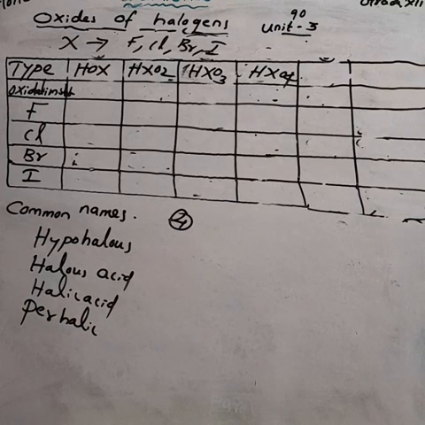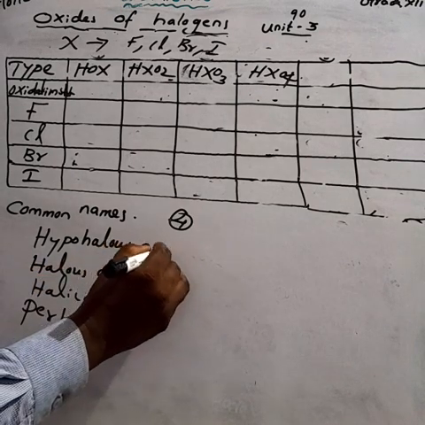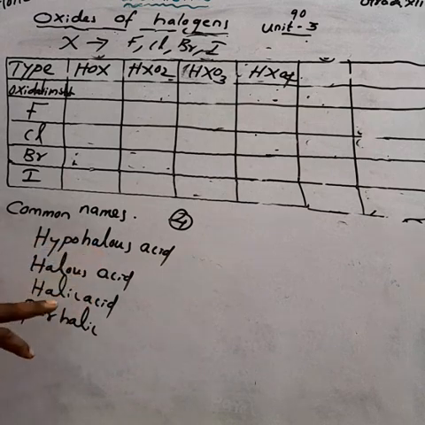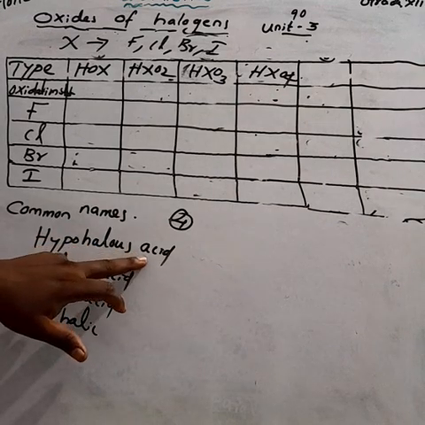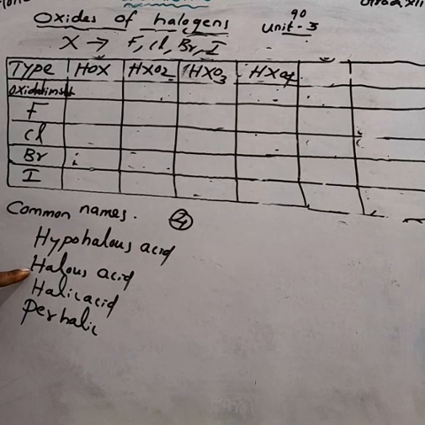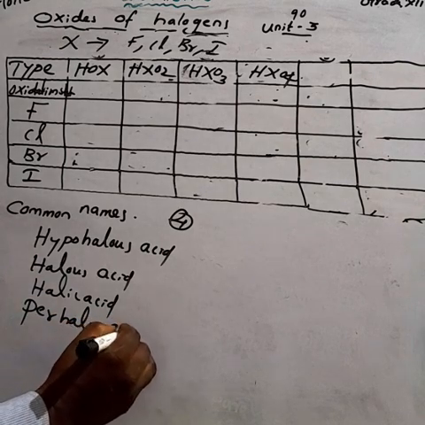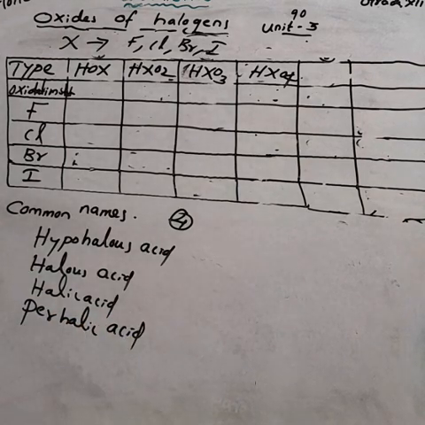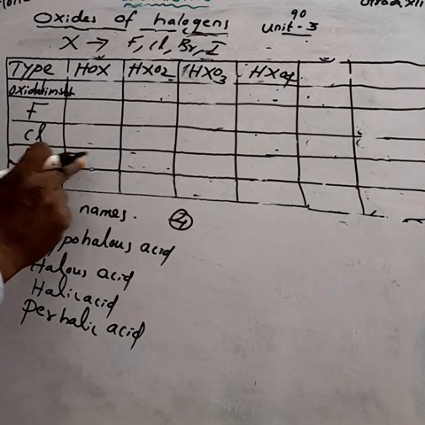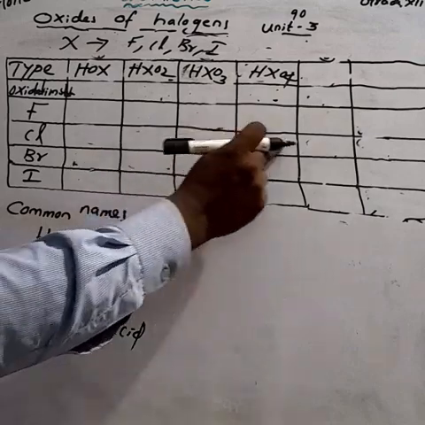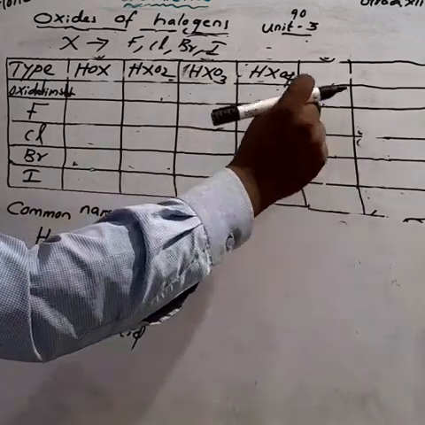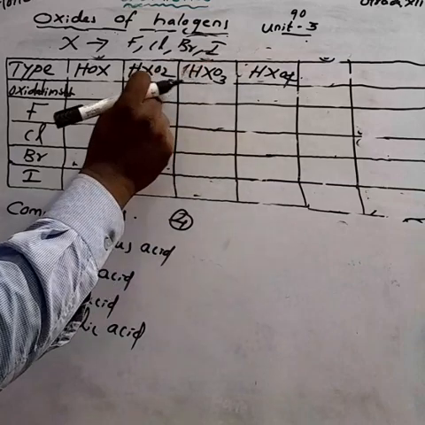Can you clear? Hypohalous acid, halous acid, halic acid, perhalic acid. These are the four common names.